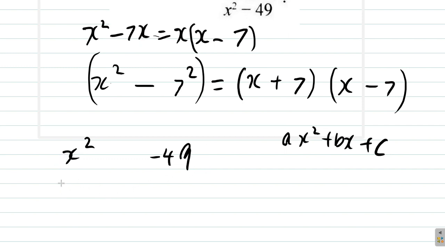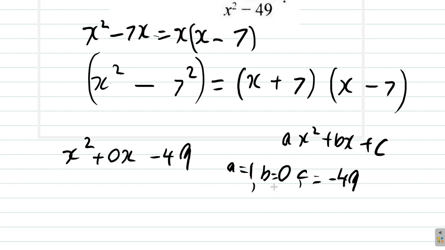So in this case, a is equal to 1 because it's 1x squared. You can see that c is equal to negative 49. It's the same method you use when you're factorizing any quadratic expression. The question is, what is b equal to? Well, you don't have any x term here. So you could fill it in by saying plus 0x. So b is 0. See that?